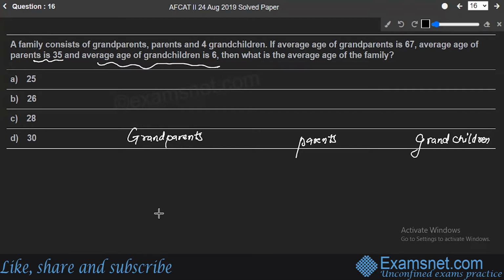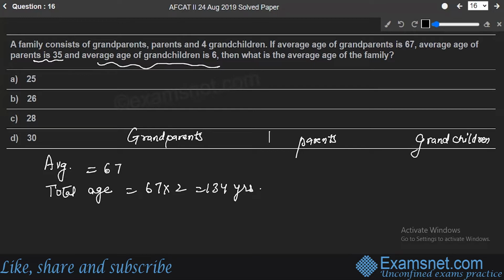So first thing, let's talk about grandparents. Average for the grandparents is 67. So total age will be 67 into 2, that is equal to 134 years. Similarly, for parents, average age is 35.